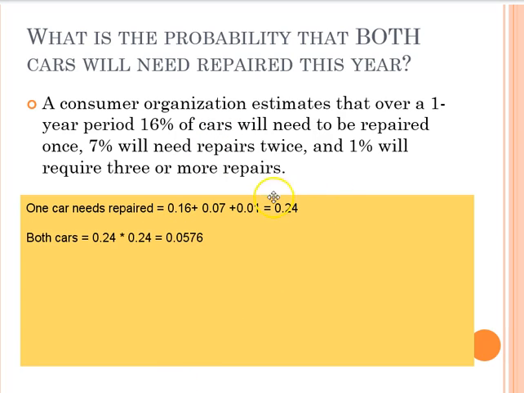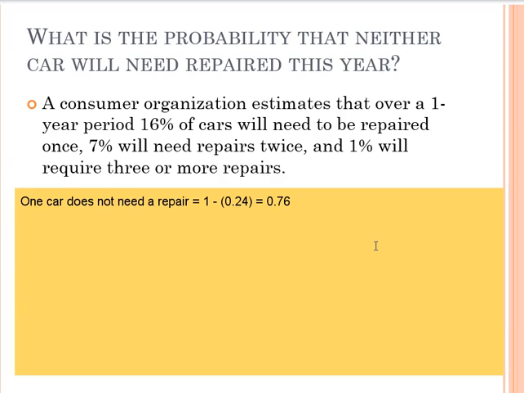So now that we have the probability for 1 car, we need to calculate the probability that both cars need a repair. And so again, because we assume they're independent, we can multiply the likelihood that they both need repairs. We can multiply those together, and that gives us a probability of 0.0576.